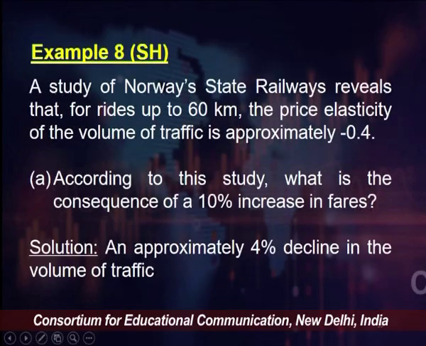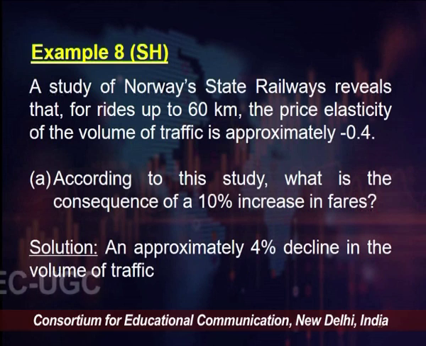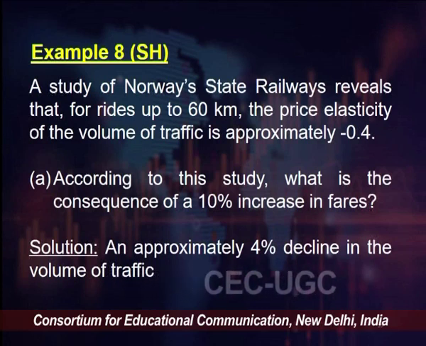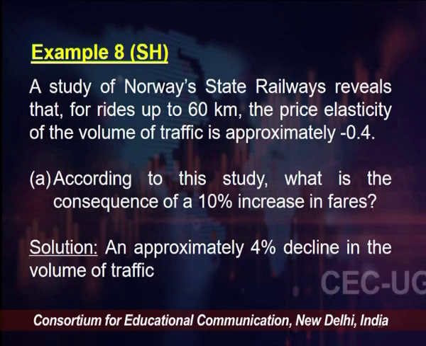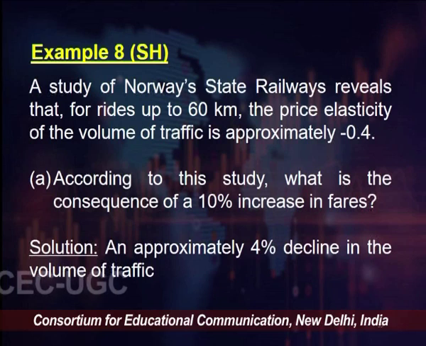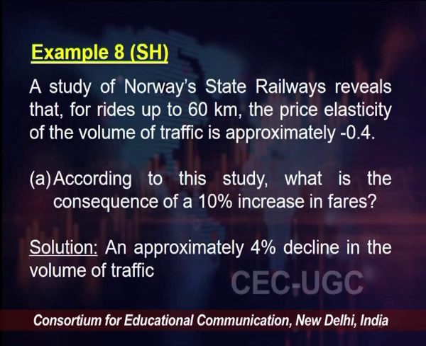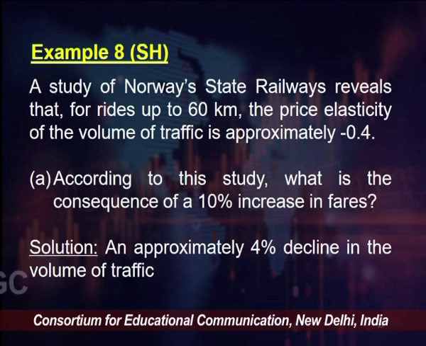Let us move on to the next example. In this example, we talk about a study of Norway's state railways, which reveals that for rides up to 60 kilometers, these are relatively shorter rides, the price elasticity of the volume of traffic is approximately minus 0.4. According to this study, the question asks you, what is the consequence of a 10% increase in fares?